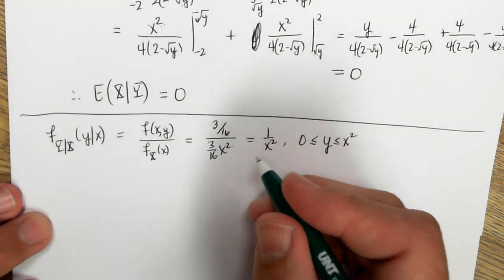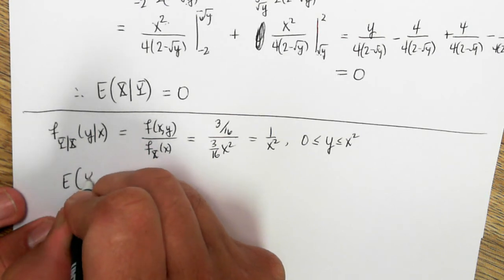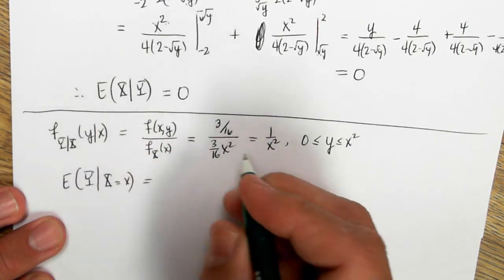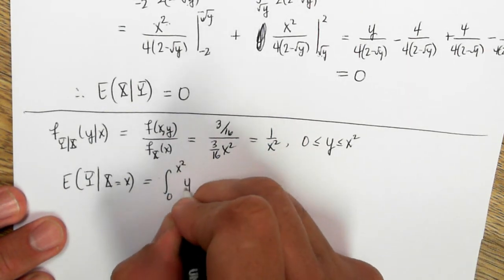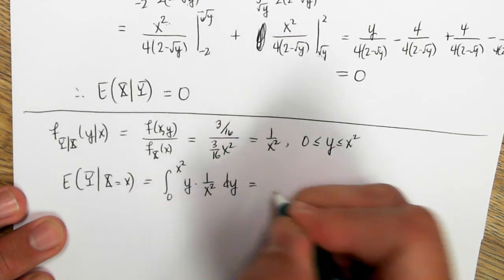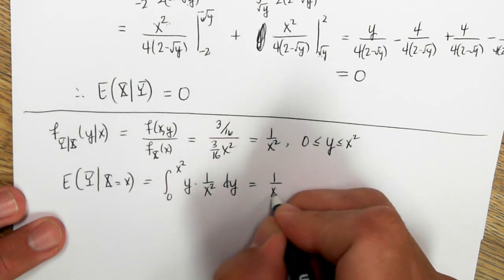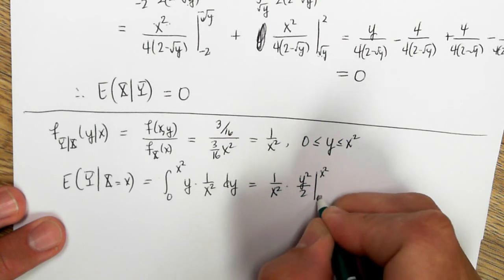And I recognize this to be a uniform distribution with parameters 0 and x squared. So if I directly do the expectation, the expected value of y, given that capital X is equal to x, will be equal to the integral from 0 to x squared of y times 1 over x squared dy. So integrating with respect to y, the 1 over x squared comes out. We get y squared over 2, evaluated from 0 to x squared.